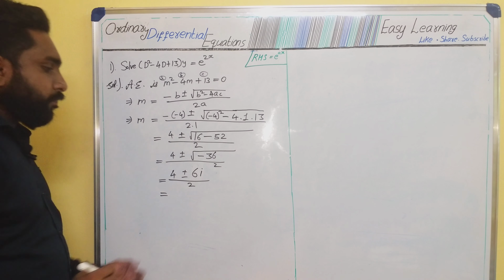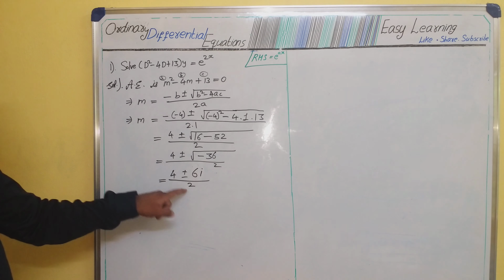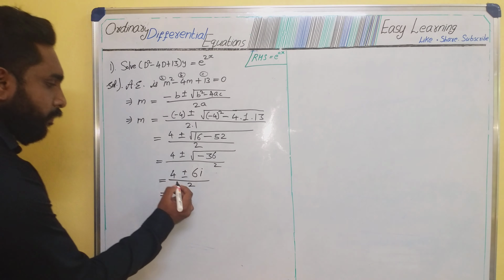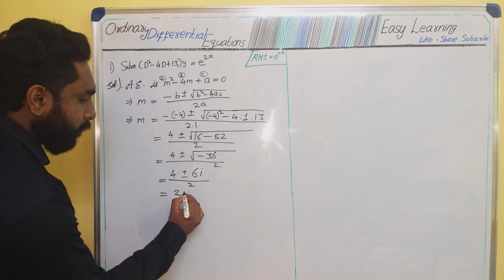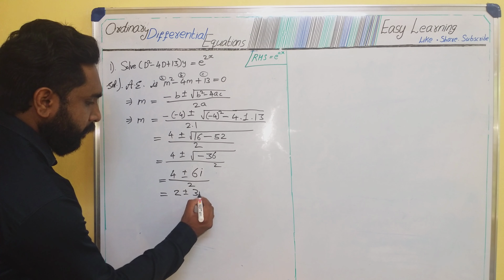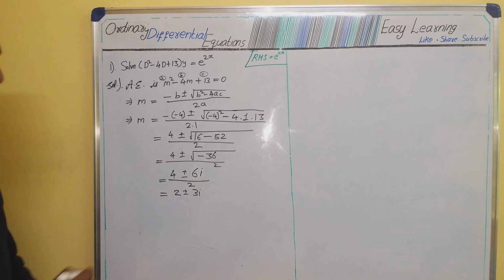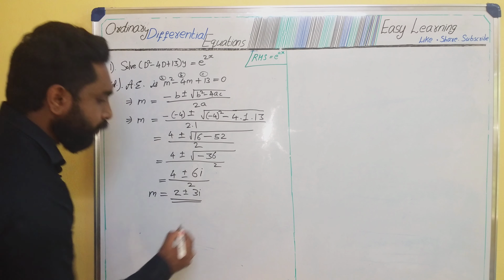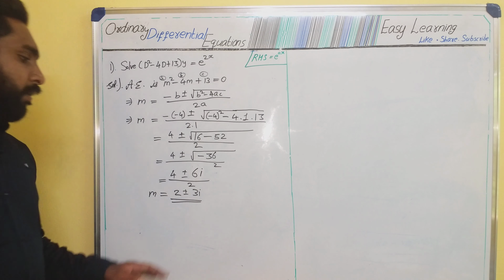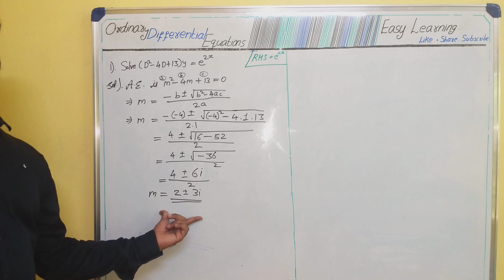Let us divide by 2 both the values. So 4 divided by 2 gives 2, 6 divided by 2 gives 3. 2 plus or minus 3i. So this is the root of this equation. The root is either 2 plus 3i or 2 minus 3i. This is an imaginary number.